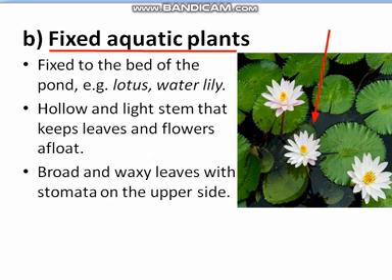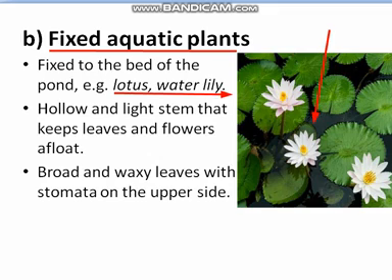The difference between the floating plants and these fixed aquatic plants is that floating plants are not fixed with the ground of the water body. But fixed aquatic plants have their roots fixed to the bottom of the water body. The examples of fixed aquatic plants are lotus and water lily.